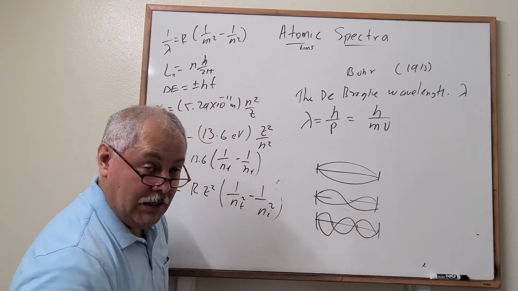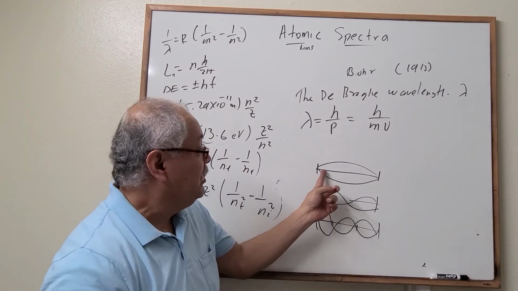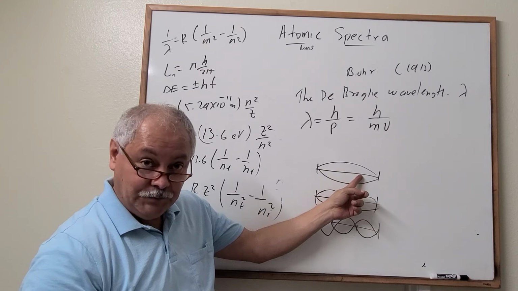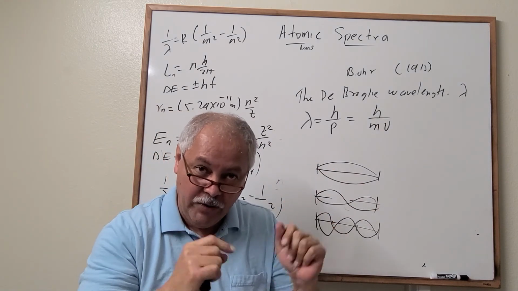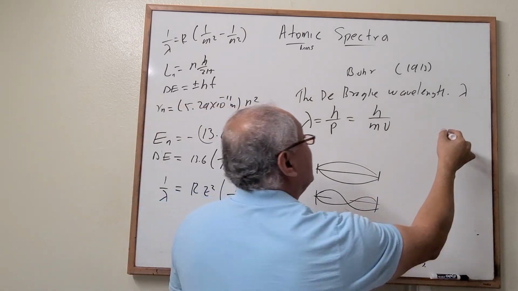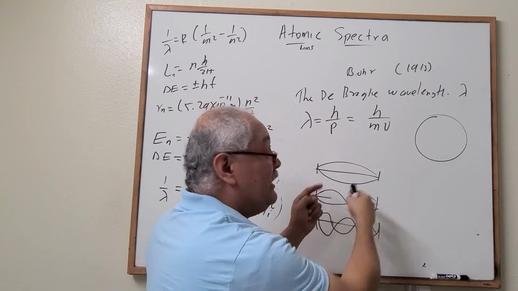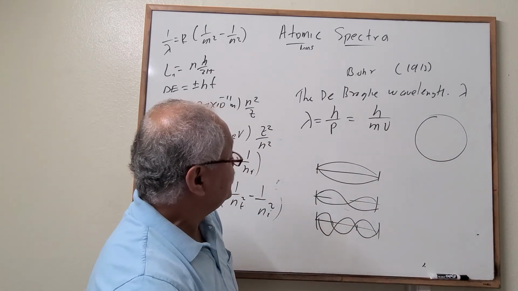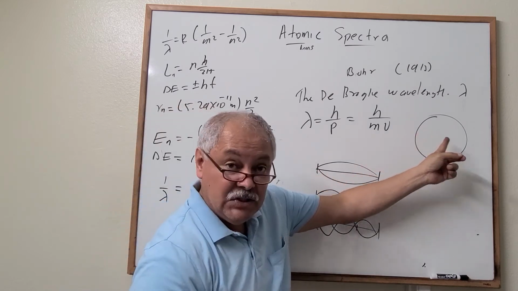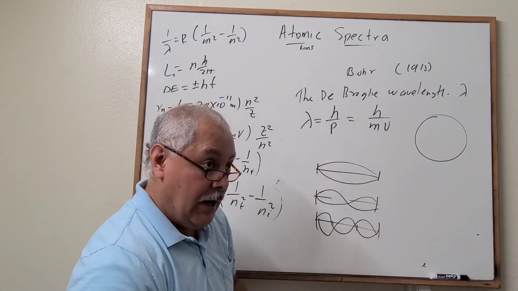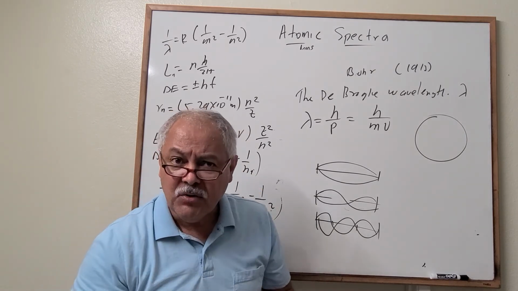Now imagine that we have an electron moving between fixed points, like when it's moving in an orbit. It's only one distance, correct? So the electron, now moving as a wave, is supposed to create a whole number of waves.